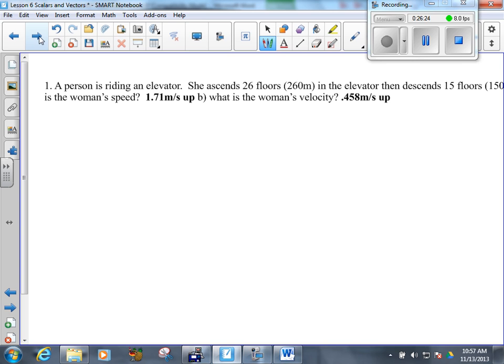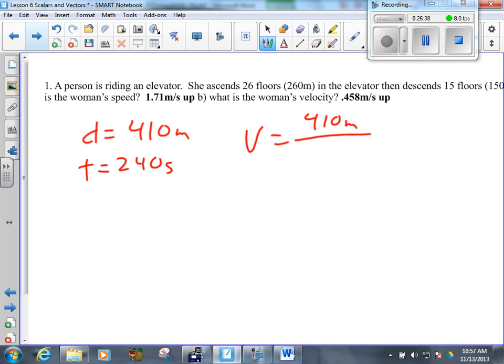Her total distance is 410 meters. The total time, they tell us, is 240 seconds. So the average speed is 410 meters over 240 seconds, and that gives us 1.71 meters per second.